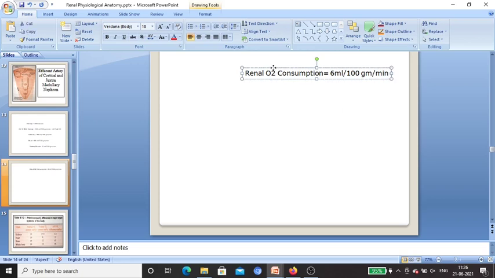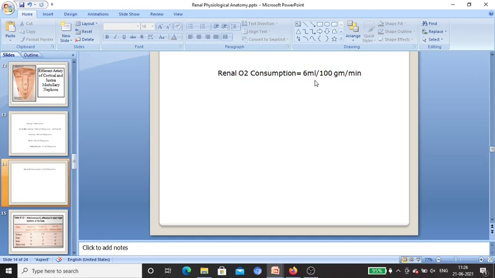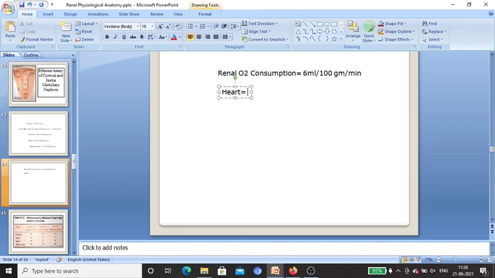So renal tissue consumes 6 ml of oxygen per 100 gram of renal tissue in a minute, and it is very high, being only second to the heart. Because if we compare it with the heart, heart tissue consumes 8 ml per 100 gram of tissue per minute. So this is the oxygen consumption in the heart, and this is the oxygen consumption in renal tissues. So renal oxygen consumption is second to the heart.